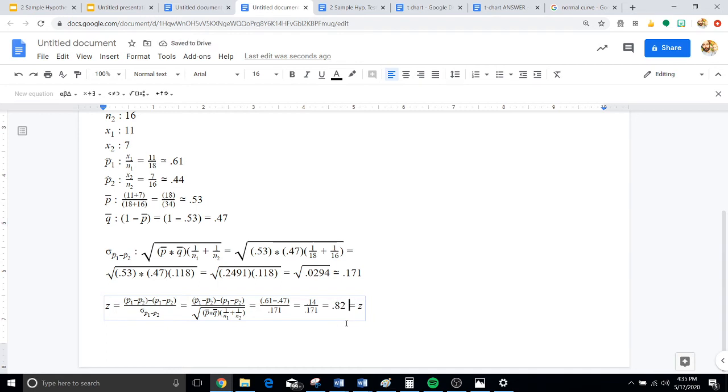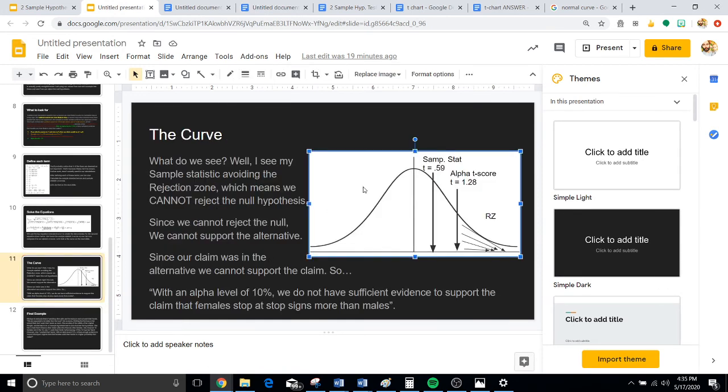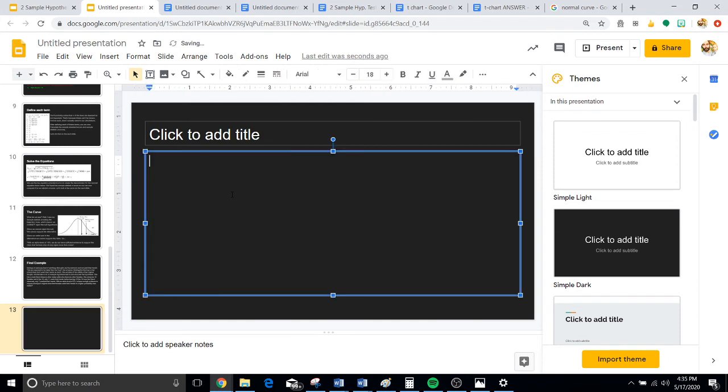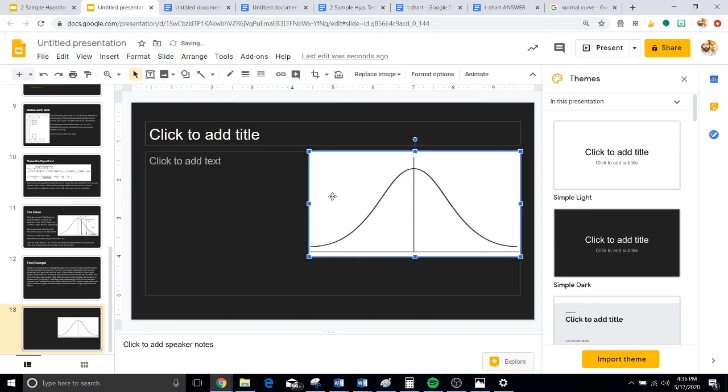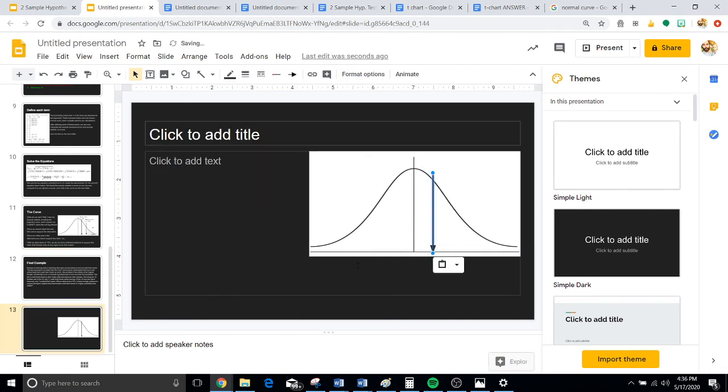All right, last thing we've got to do is graph this thing out. So let's go ahead and do that. There we go. Let's grab some arrows. All right, so the first arrow we're going to set is going to be for our alpha level. Our alpha level is 1.645.